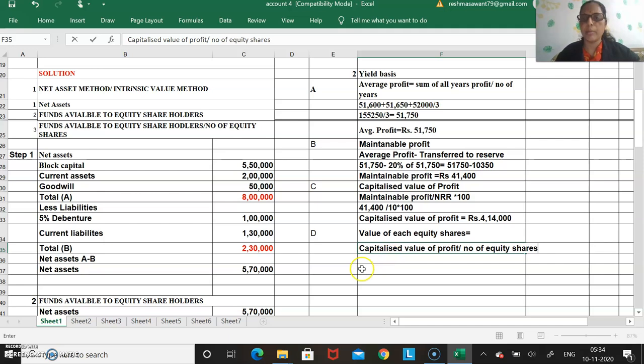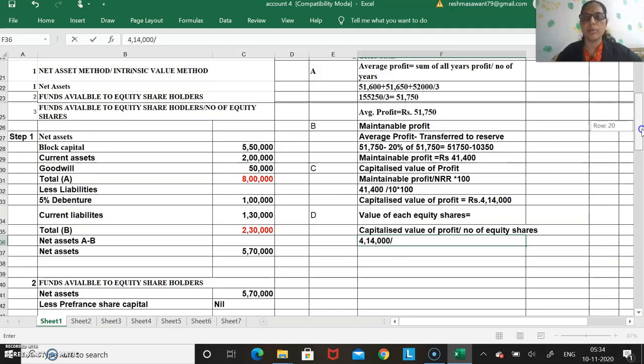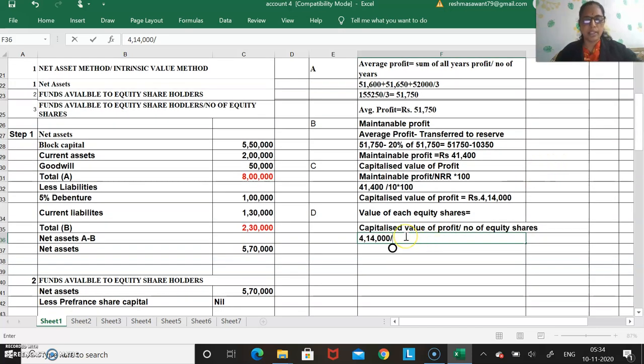So by putting amounts in this formula, 4,14,000 divided by, let's check the number of equity shares in your question, that is 40,000 equity shares, divided by 40,000.